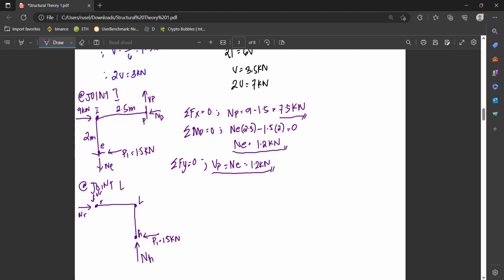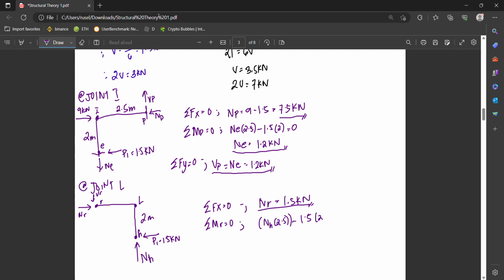Let's find summation of forces along X equals 0. Your NR is equal to 1.5 kilonewton. Next, summation of moment at R equals 0. Your NH times 2.5 minus 1.5 times its distance of 2.